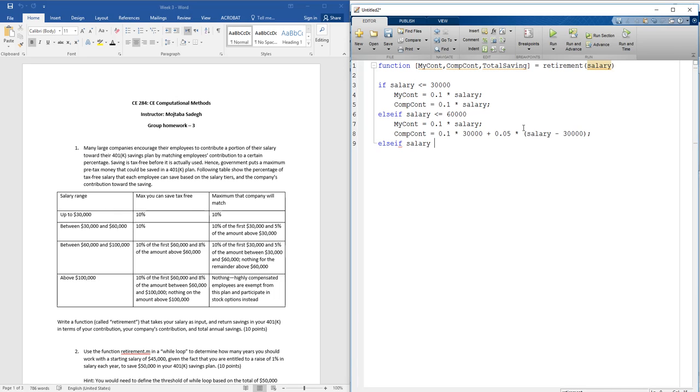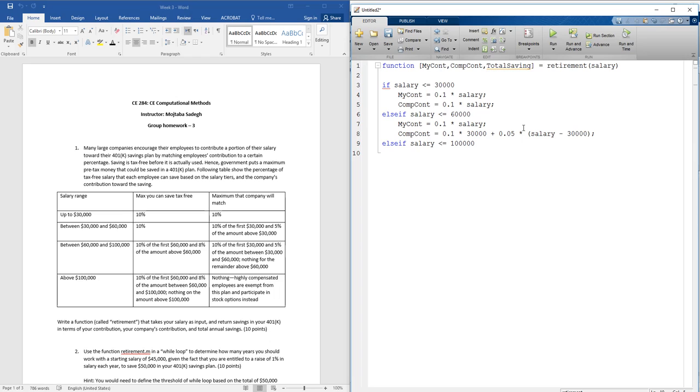Salary is less than or equal to 100K. My contribution is 10% of the first $60,000, and I already have $60,000. Remember, this is more than $60,000. And 8% of whatever is above 60K.